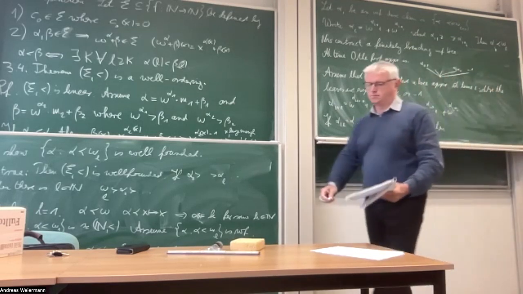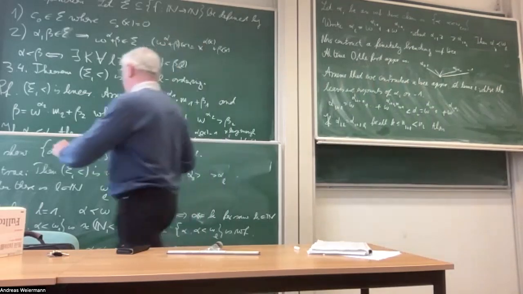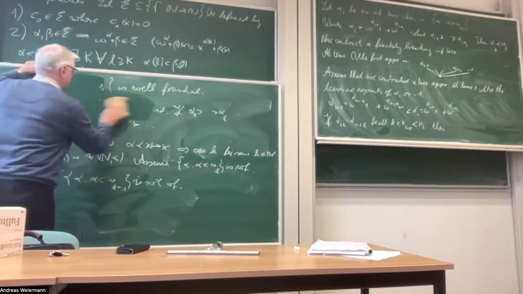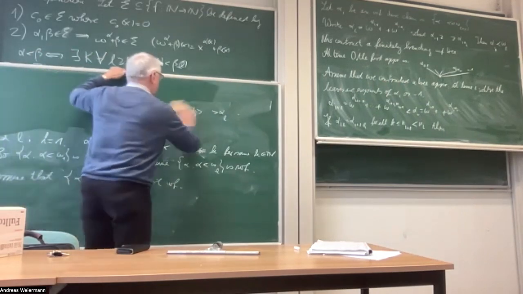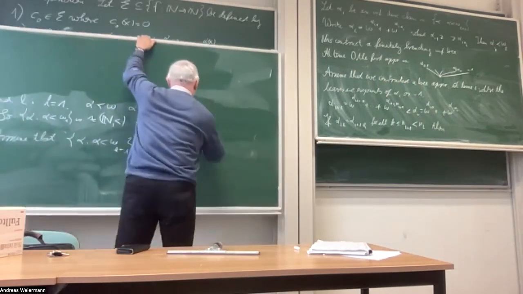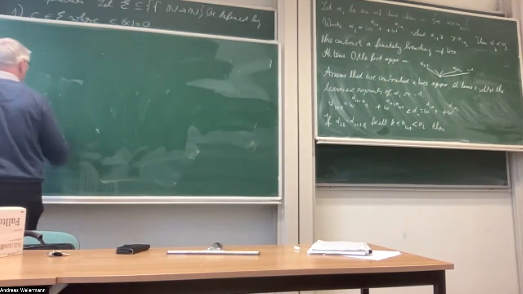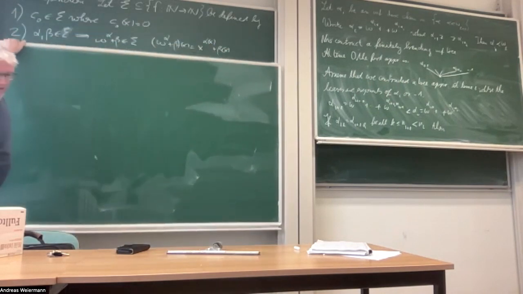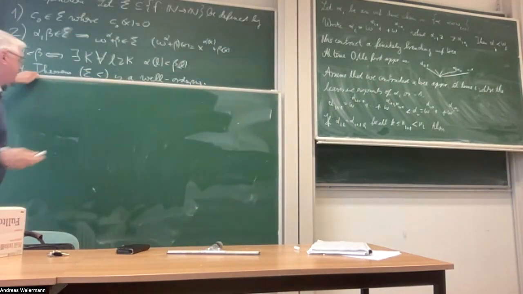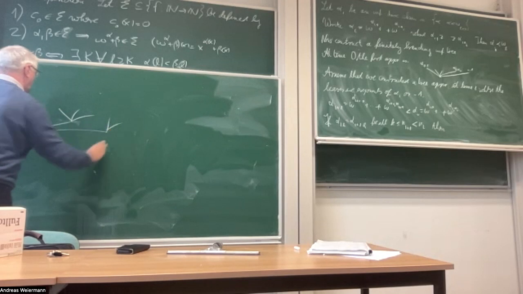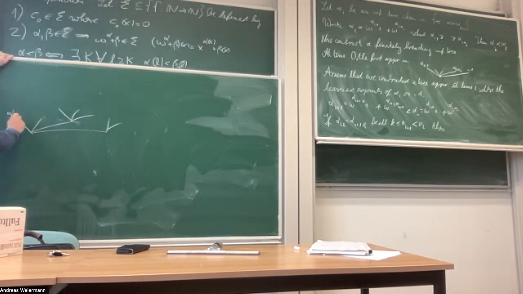Well, we have some picture. So we have here our tree. Here are the alphas. Alpha i 0.